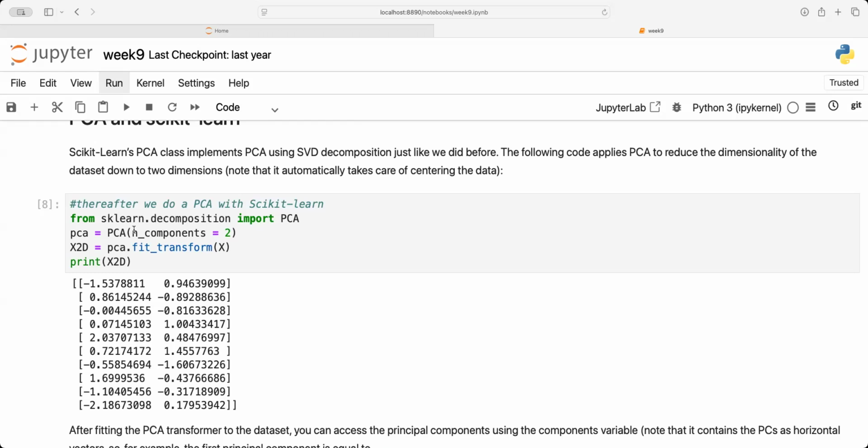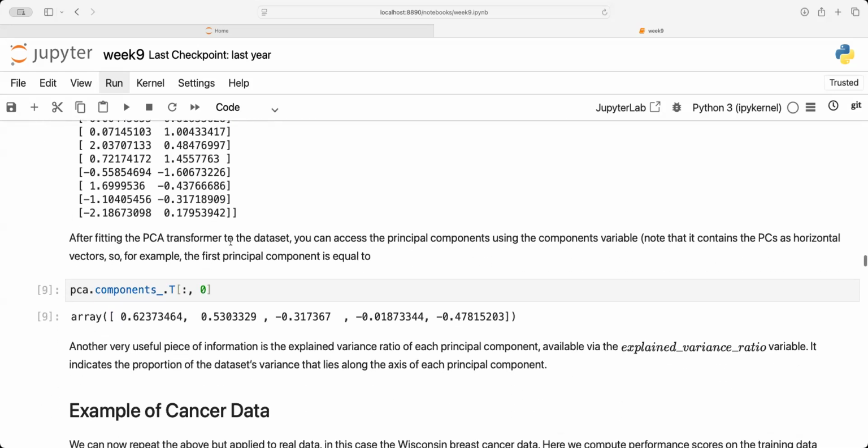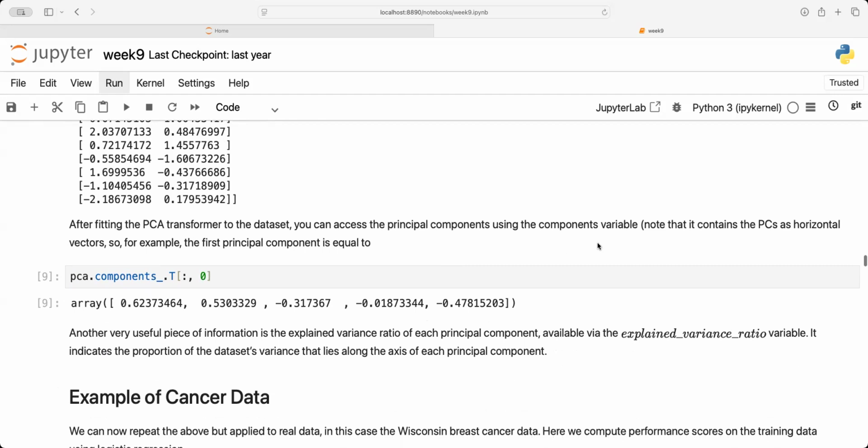I keep only the two components which give the largest eigenvalues. In that specific case, I specify only two components, and you can see that it keeps only the first two components. After fitting, you can then transform the data set, and you can access the principal components using the components variable.